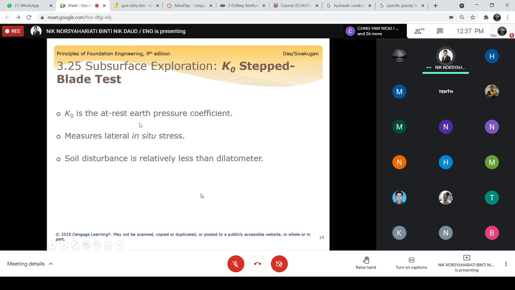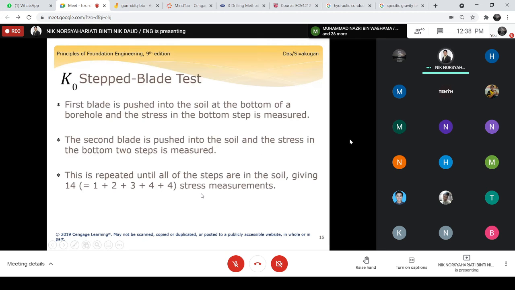This is for the earth pressure approach, where you can measure the lateral in situ stress. Here the statement says that the soil disturbance, if you use the step blade test, is less than with the dilatometer test.